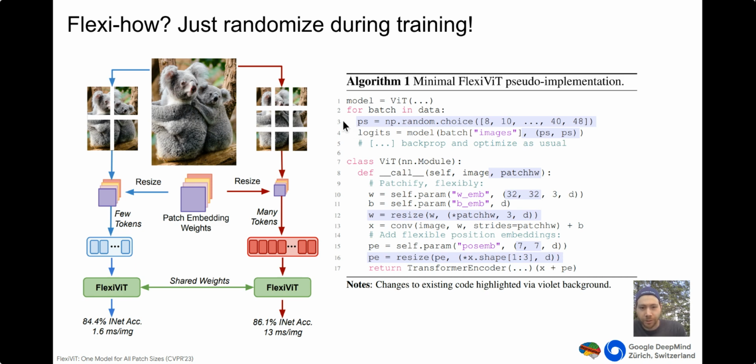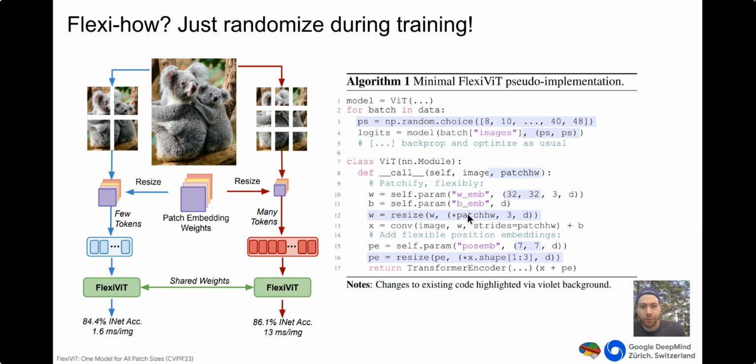Now, how to get there? This is super simple actually. For each mini batch during training, we randomly choose the patch size to use. For example, let's say 8. Then to process that mini batch, we take the patch embedding weights, the ones that are actually learned, that have some predefined hard-coded size, like let's say 32 by 32.